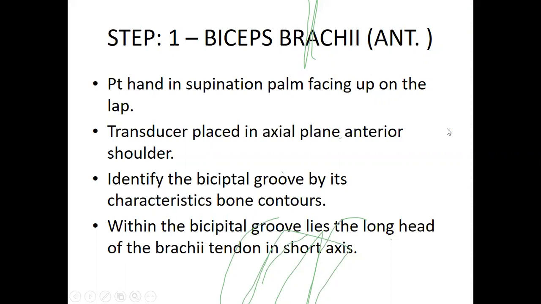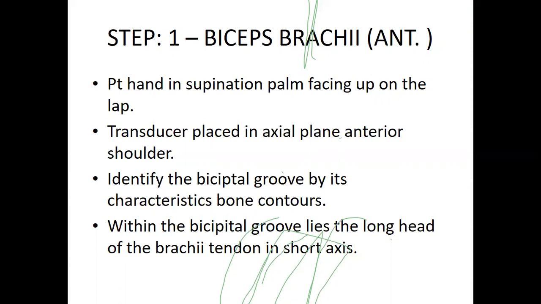The transducer is placed on the axial plane, anterior to the shoulder. This is the anterior component. So when you put your transducer on the anterior shoulder in the short axis or the axial plane, you are going to appreciate the bicipital groove with its bone characteristics around the long head of the biceps brachii tendon.